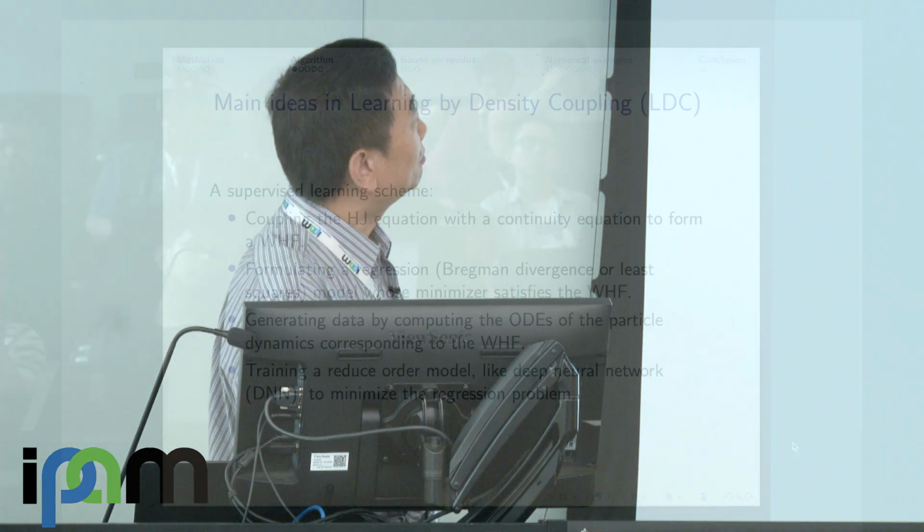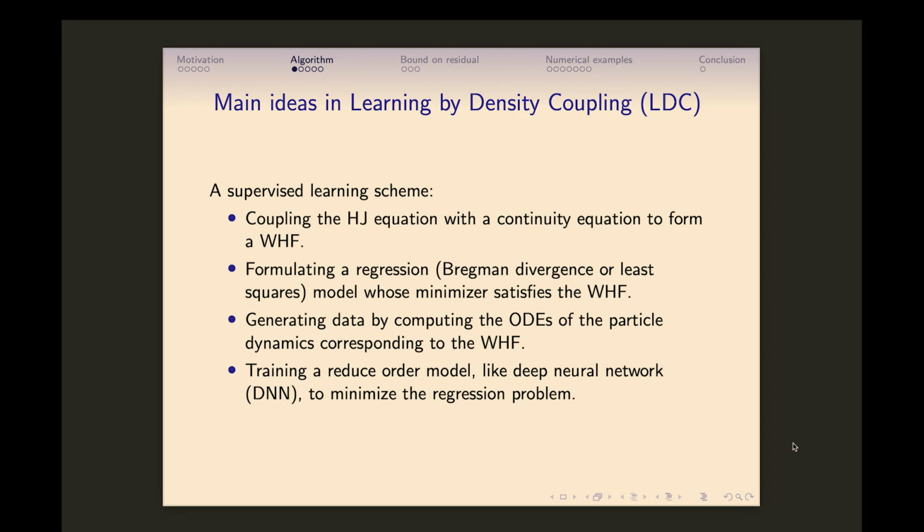And if I summarize, this is what we're going to do for the entire thing. You couple the Hamilton-Jacobi equation with a continuity equation to form the so-called Wasserstein Hamiltonian flow. And then you formulate a regression. You can use Bregman divergence or least squares. It doesn't really matter; at a certain level, they are equivalent. You can prove it. And the minimizer satisfies this Wasserstein Hamiltonian flow. Of course, for the Wasserstein Hamiltonian flow, I will explain in more detail that there's a particle version to it.